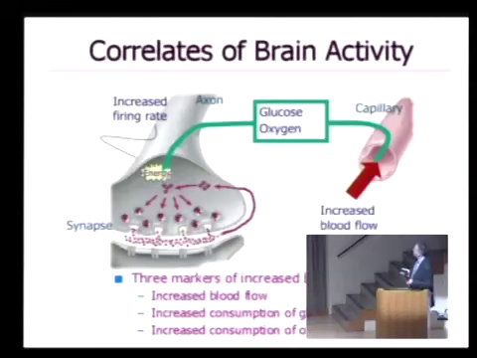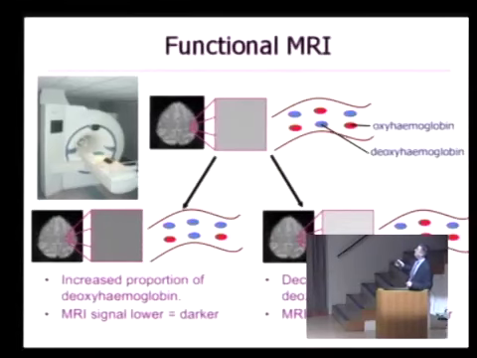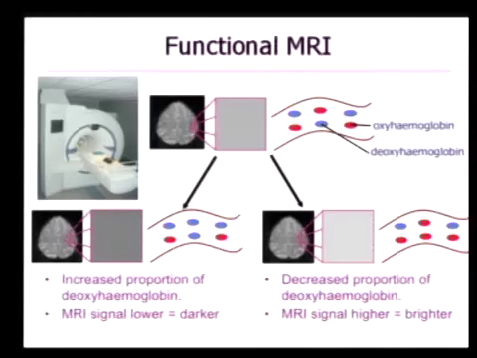So when a part of the brain is particularly active, there's an increase in blood flow, an increased consumption of glucose, and an increased consumption of oxygen. We can use any one of those indices and measure it indirectly, without actually having to go inside the brain, to get a handle on what's going on inside. And that's what this technique called functional MRI, functional magnetic resonance imaging, allows us to do.